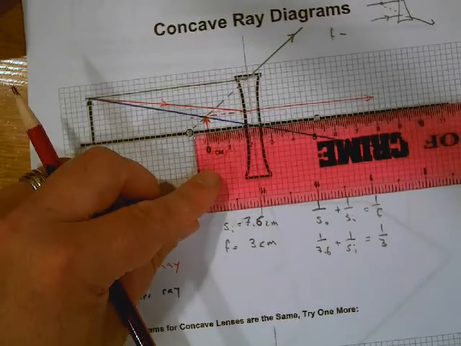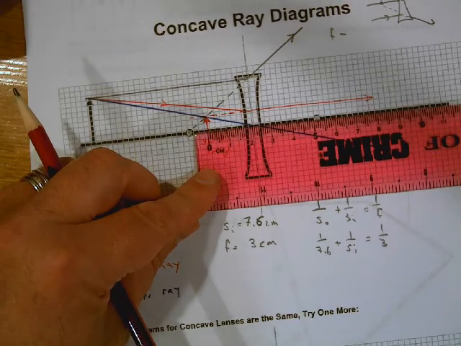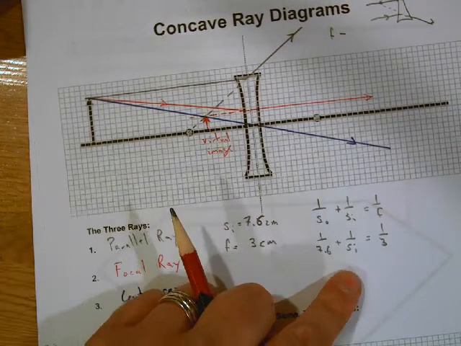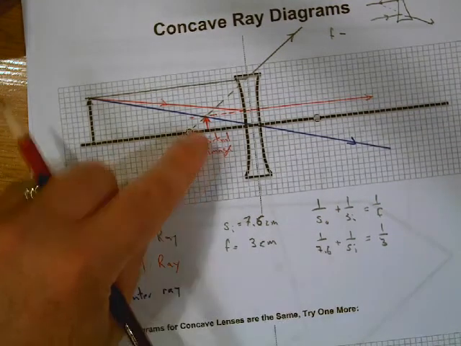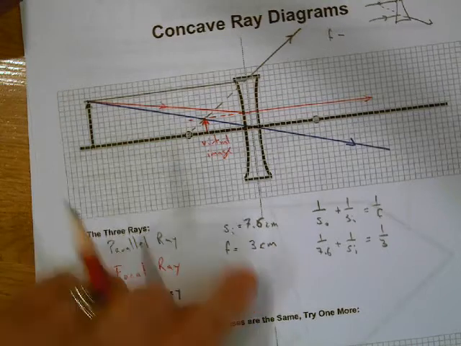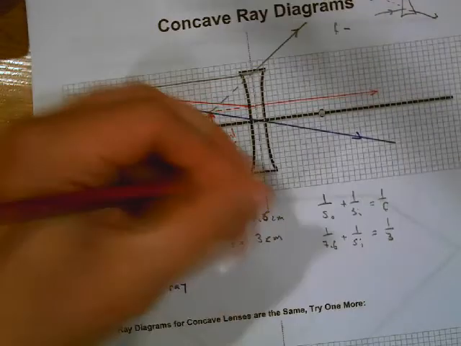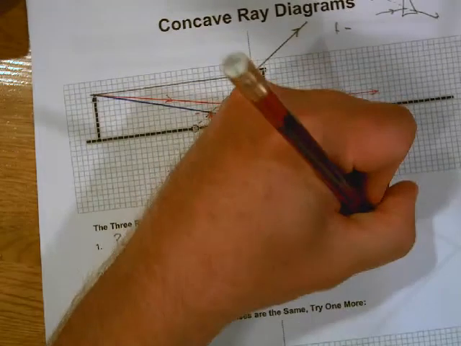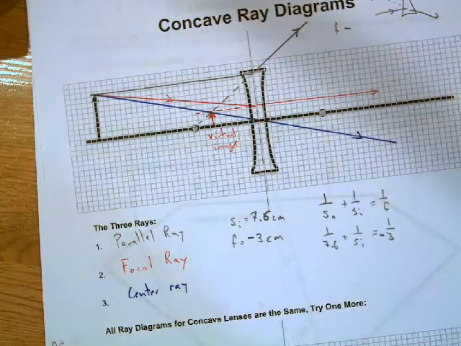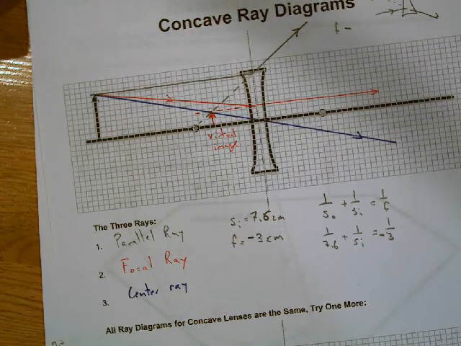Well, let me measure this out. Oh yeah, that's definitely not 5. Oh, wait a second, I got a positive number. That would mean it's a real image, but this is a virtual image. Oh yeah, this has a virtual focal point, so I have to use a negative. Negative. Very important, okay?